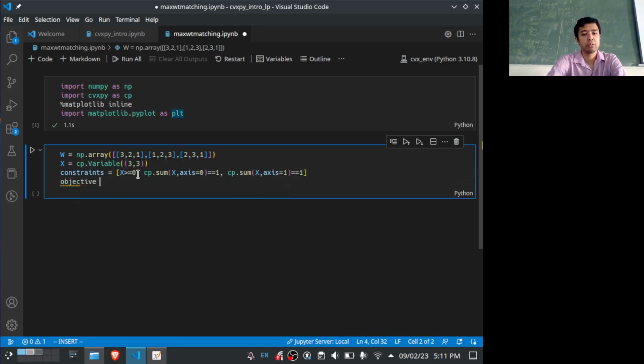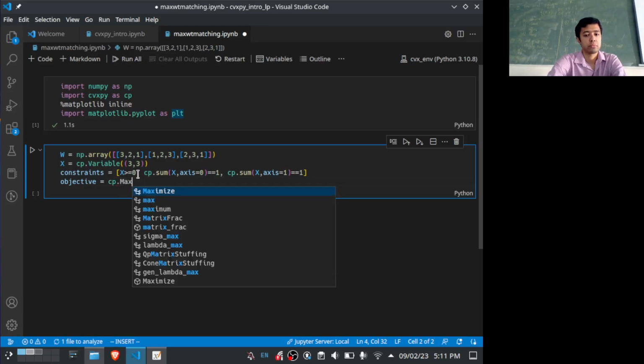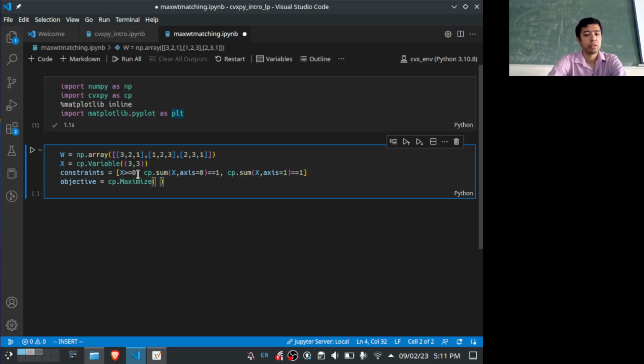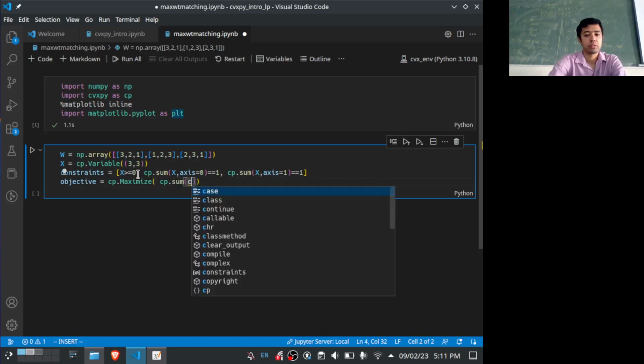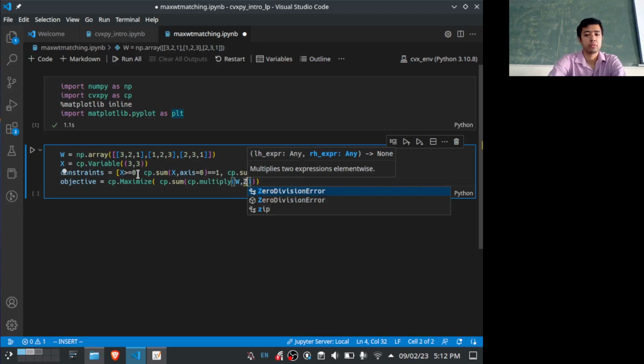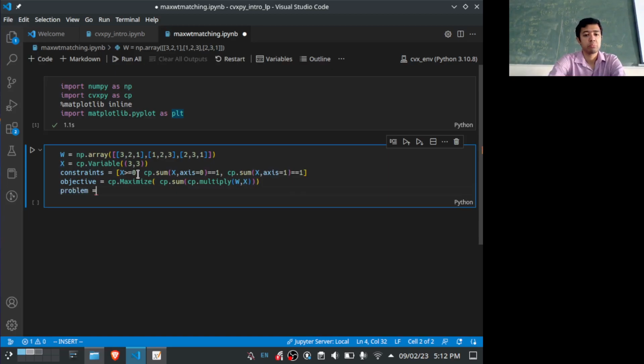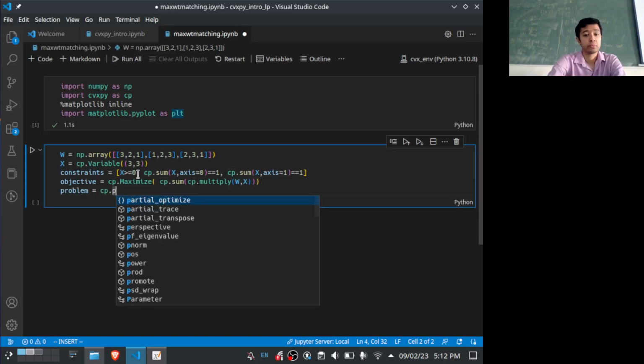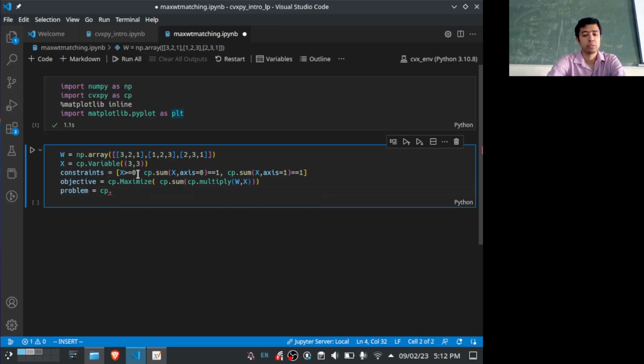Okay, what's my objective? I need to do the sum of the element-wise product of W and X, summing all the entries. I just set it up as cp.Maximize.